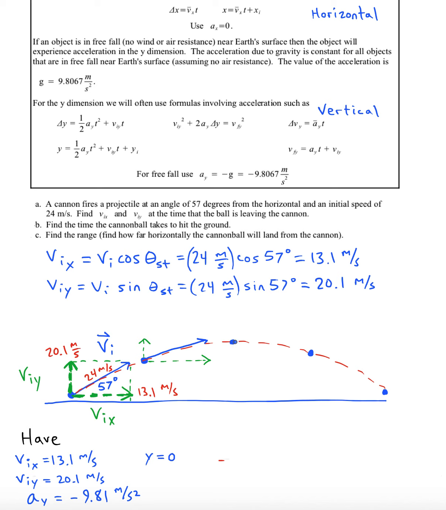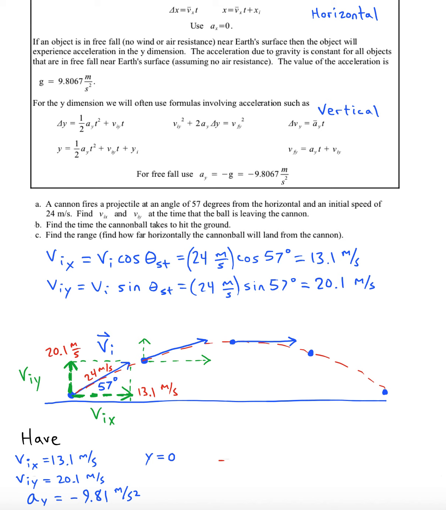Now when we get to the peak, something unusual happens. We know that the horizontal velocity vector can't change. That still has to be there. But when we're at the peak, we're in a place where we're neither moving up nor down. So we won't actually have a vertical component of velocity at that time.